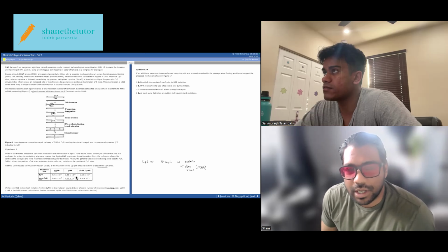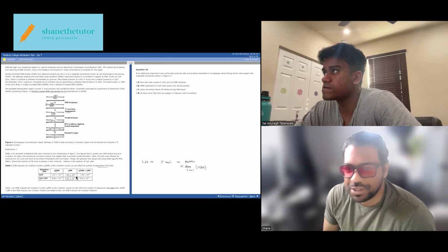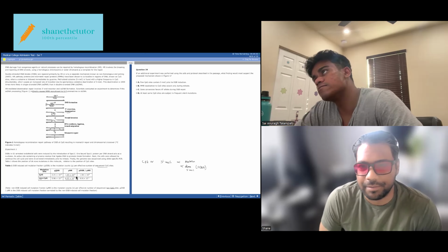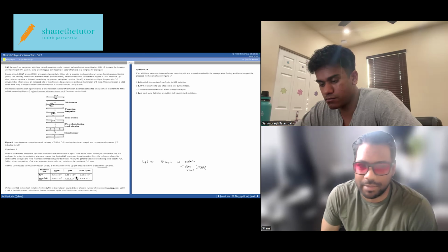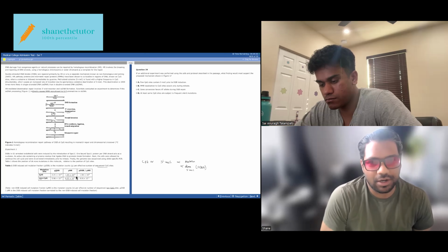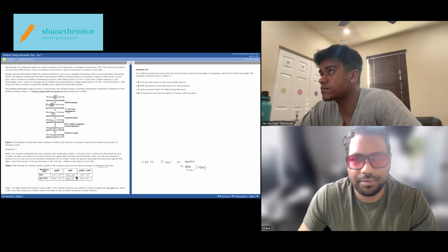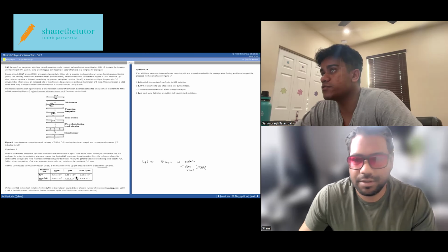Sorry, if an additional experiment was performed using the cells and protocol described in the passage, what finding would most support the proposed mechanism shown in figure one? For A, it says few CpG sites contain 5-methylcytosine prior to DSB induction.